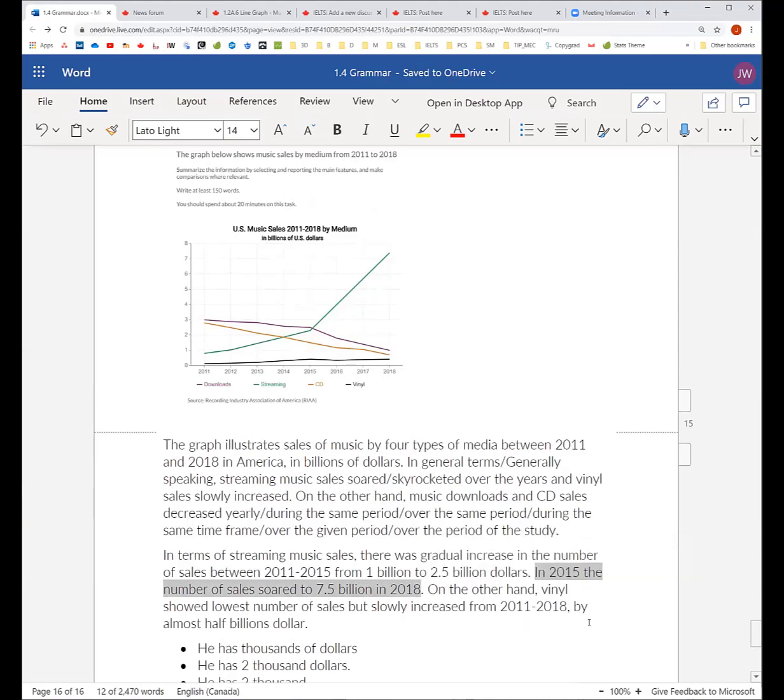Sorry, say again? That means no need to write dollars, just put 2.5 billion. Well, if you say from 1 billion to 2.5 billion dollars in this sentence, and then in the next one you say it soared to 7.5 billion, it's crystal clear that in this particular context we're talking about dollars still. Okay, if you've got it mentioned only once.